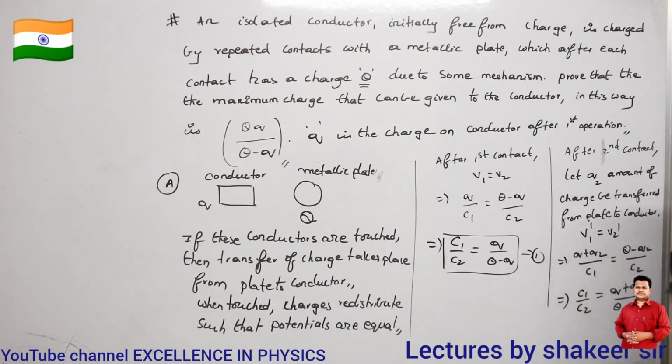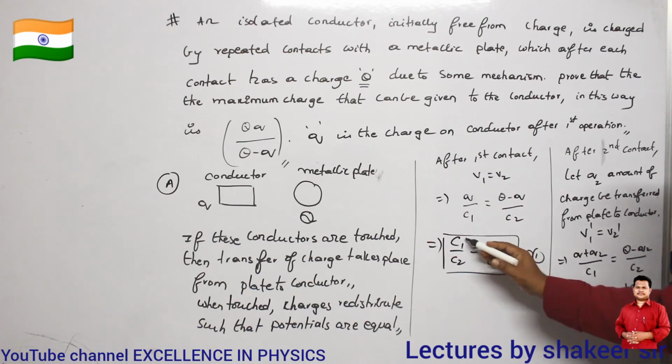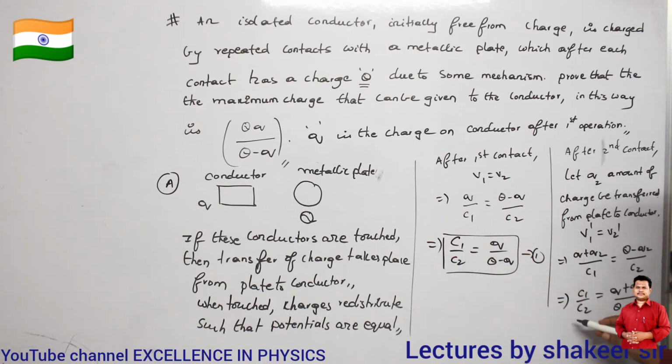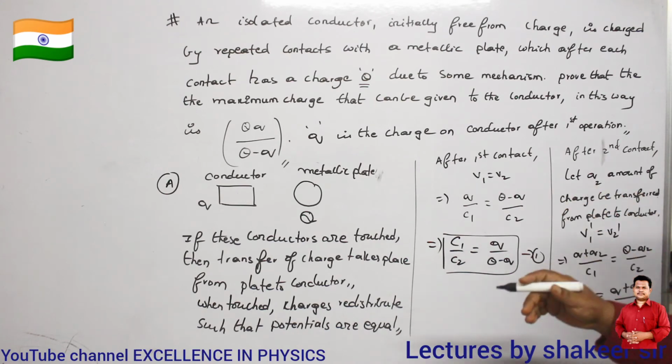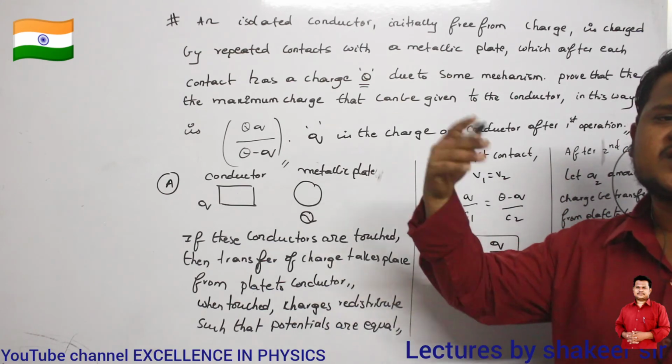So if I equate equation 1 and equation 2, can't I calculate Q2? Here also I have C1, C2, and here also I have C1, C2. If I equate these two relations, then I can calculate Q2. Q2 is an unknown charge which is transferred from the metallic plate to the conductor after the second contact.